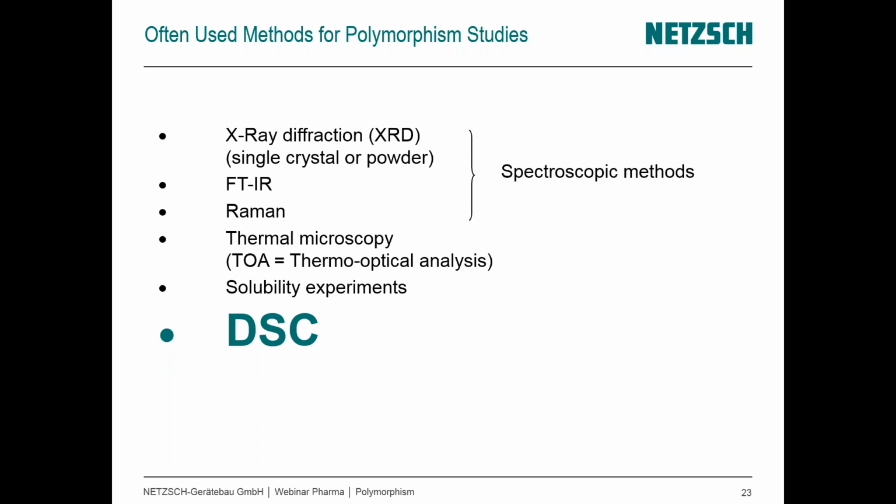Along with DSC, there are a number of different ways that we can look at polymorphs. X-ray diffraction is a really popular technique. You can look at powders or single crystal forms if you're able to crystallize your material down to a single crystal. We can look at infrared spectroscopy or Raman spectroscopy.